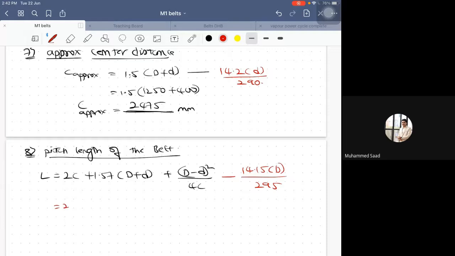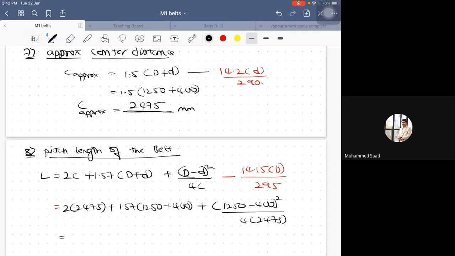So 2 times 2475 plus 1.57 times 1250 plus 400, plus 1250 minus 400 its whole square divided by 4 times 2475.